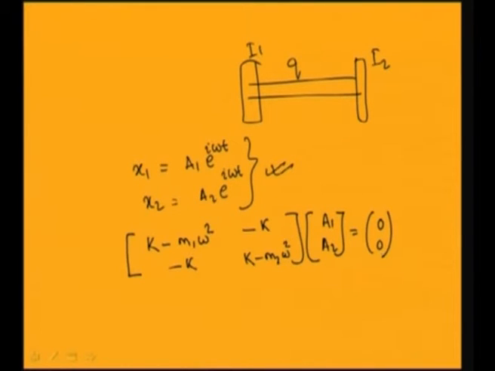So for a non-trivial response the determinant will be equal to 0. The determinant is (k minus m1 omega square) into (k minus m2 omega square) minus k square equal to 0.